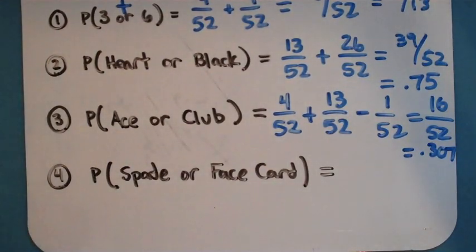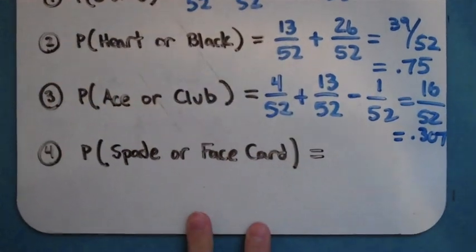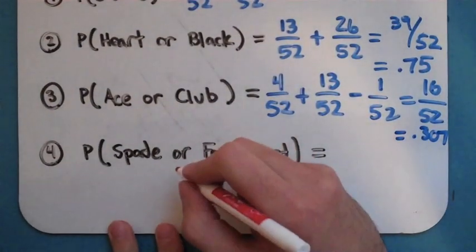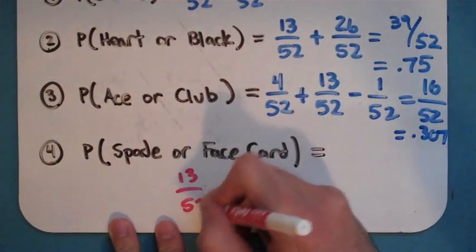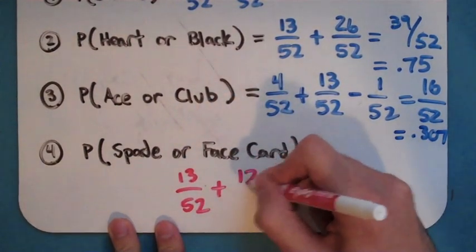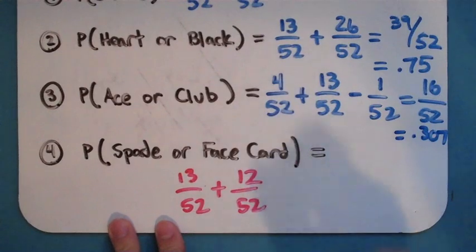Last problem here, spade or face card. So you have to ask yourself, is there stuff that's overlapping? And the answer is yes, there are face cards that are also spades. So we're going to have to subtract out the cards we count twice. First of all, though, let's do the adding part. Probability of spade, there are 13 out of 52 spades, plus probability of face card, 12 out of 52 face cards.